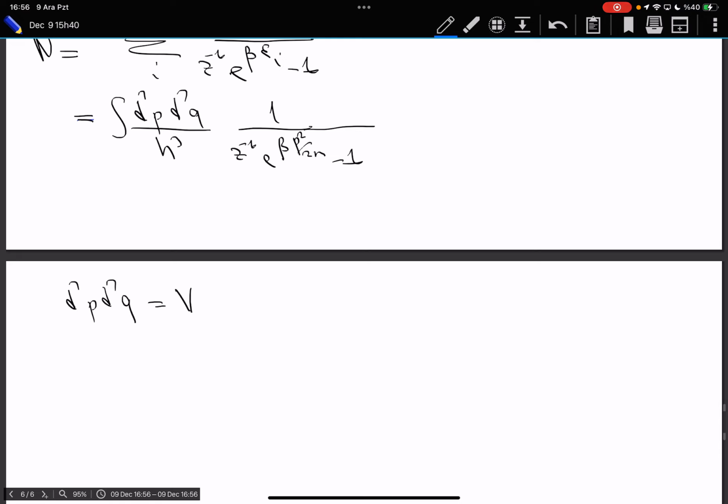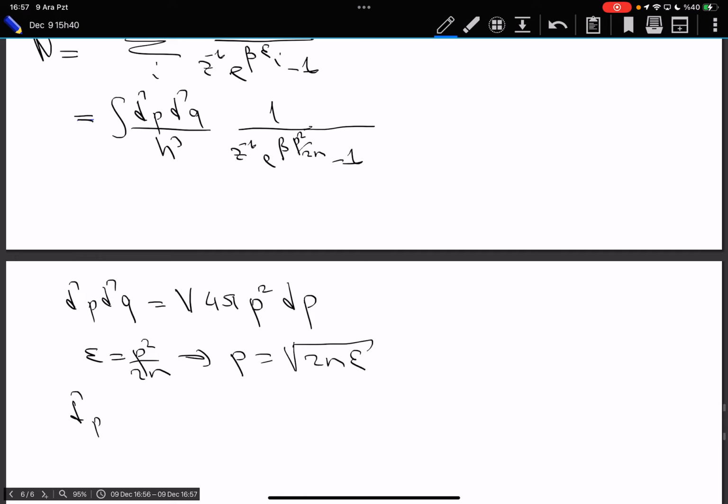I can go to spherical coordinates to evaluate the p integral. That will give me 4 pi p squared dp, which will be V times 4 pi. Well, let me make a change of variables. Remember, energy is p squared over 2m. I would rather go to the energy variable, where p is equal to square root of 2m epsilon.